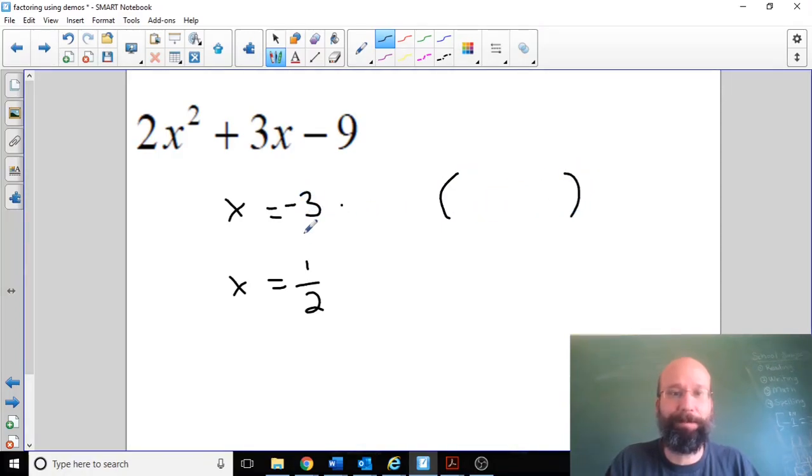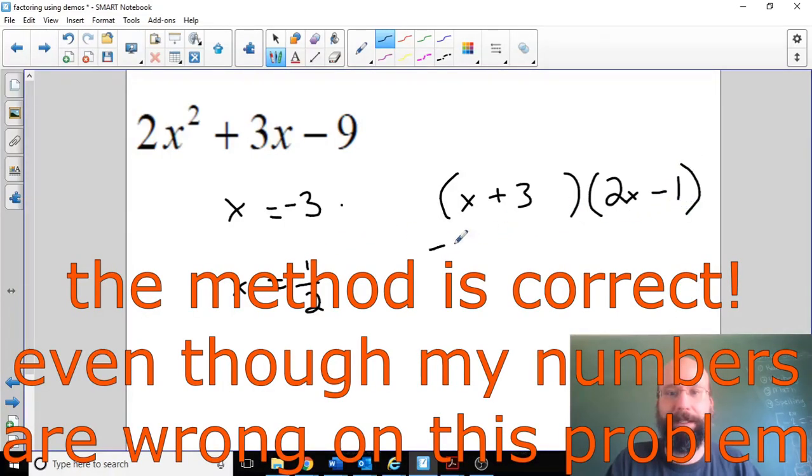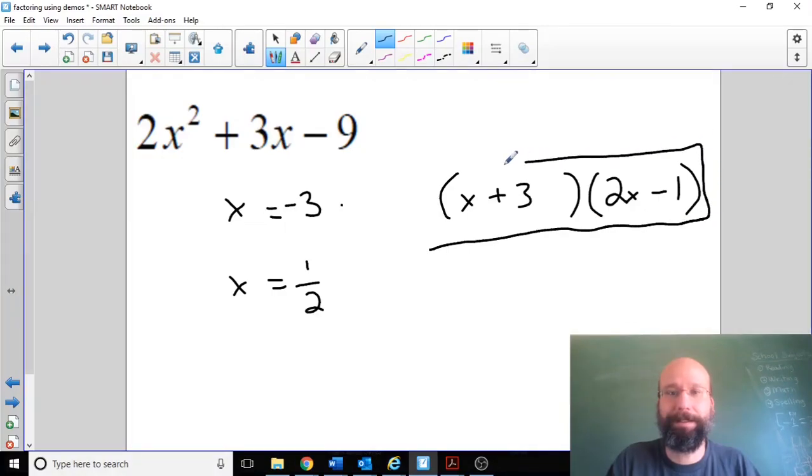In this case, the bottom number is a 1, so it's just going to be x, and then we're going to change the sign. So it'll be x plus 3. This one, the bottom number is going to be in front of x, and then we change the sign of the top number. Instead of positive 3, it'll be minus 3. And this is our answer.